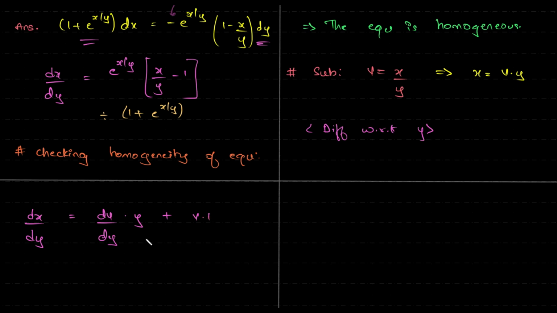That's the difference. Just change in variable, don't get confused. So that's our expression, is it not? So we can write dv by dy into y plus v is equal to e to the power of v minus 1 divided by 1 plus e to the power of v.